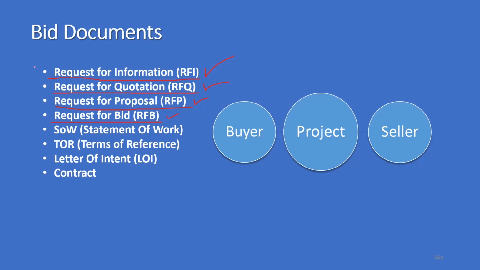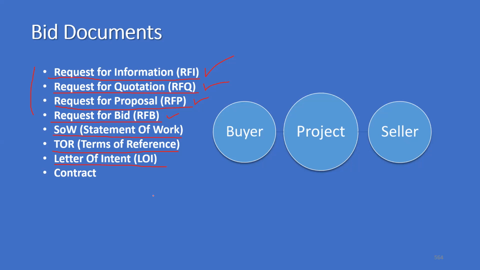In order to do all these things, the first one is the statement of work, that is the SOW, and sometimes it is also known as terms of reference. Then we have something called letter of intent. That means it is an 80% or 90% probability kind of order, and you raise a letter of intent. That means I intend to buy it from you.